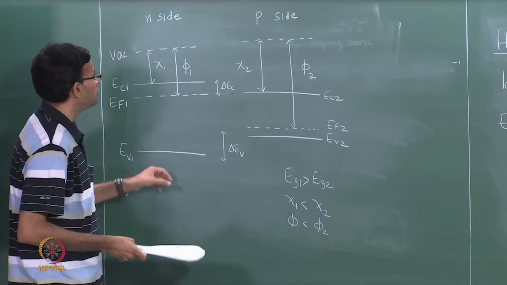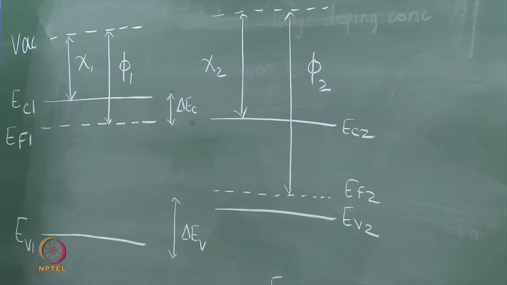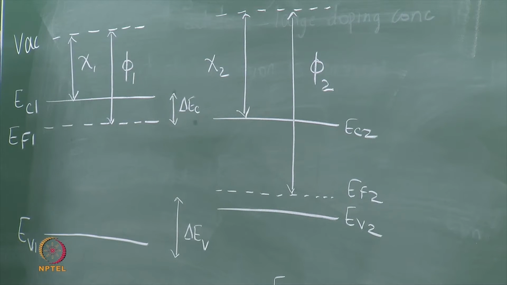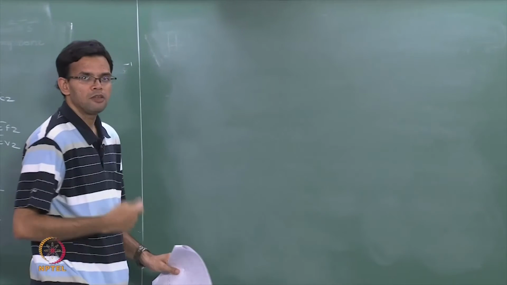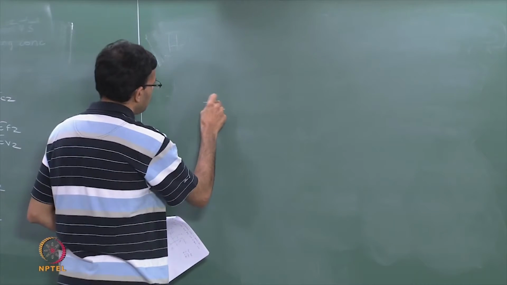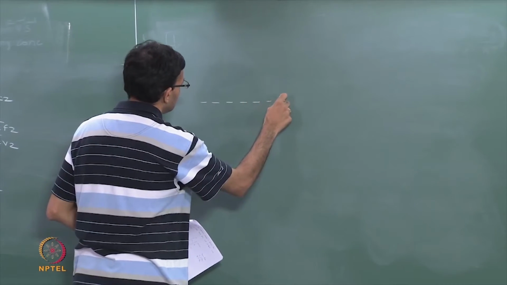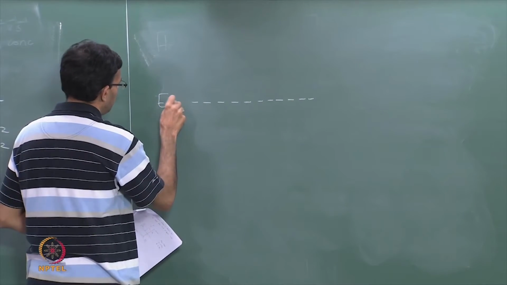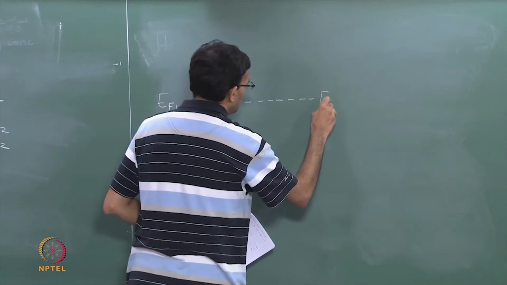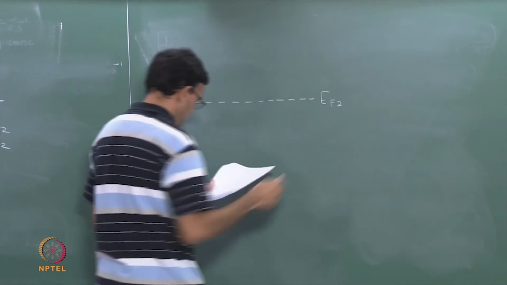So, we want to put together this p-n junction. So, the first rule is at equilibrium the Fermi levels must line up. So, let me draw the p-n junction. So, the Fermi levels must line up. So, I have EF1 and EF2.